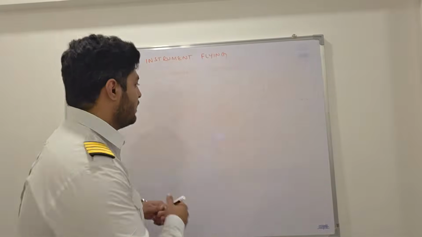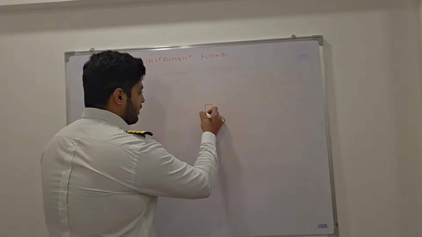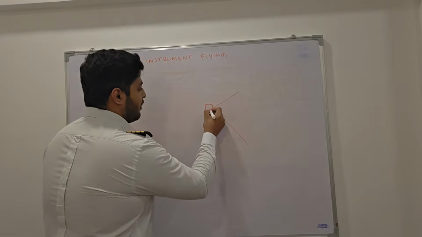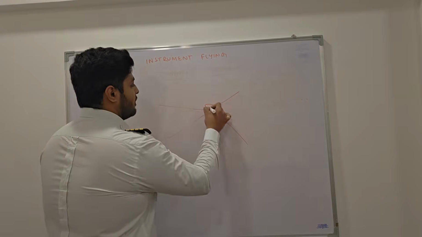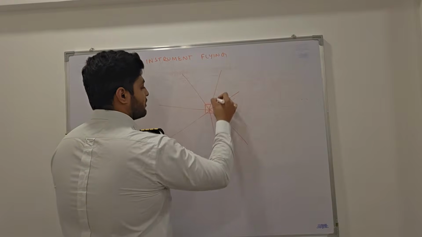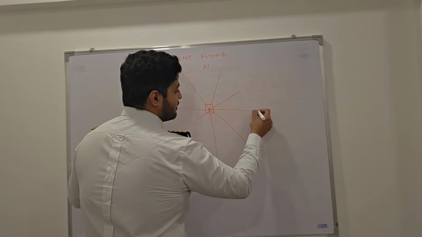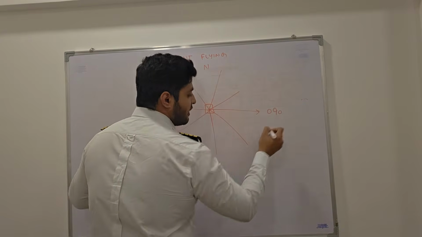Moving ahead, we will learn what are radials. Radials are magnetic bearings coming out from a station. For example, if this is a VOR or a station, the bearings coming out from it are the radials. If I consider this as north, this is 090 radial.